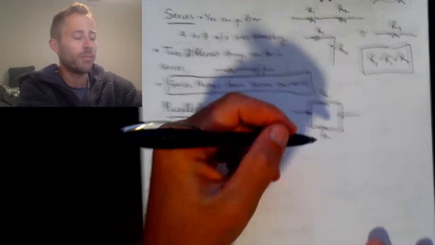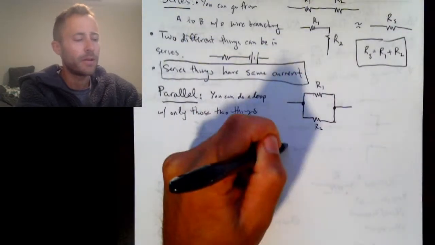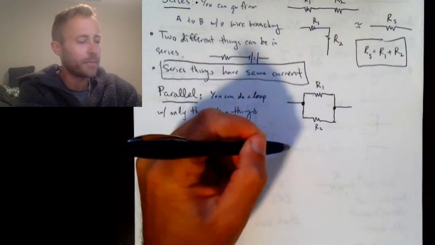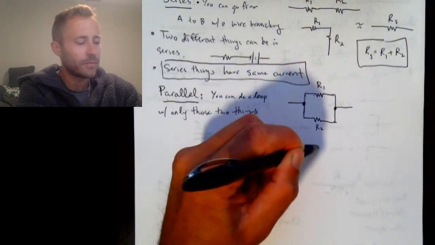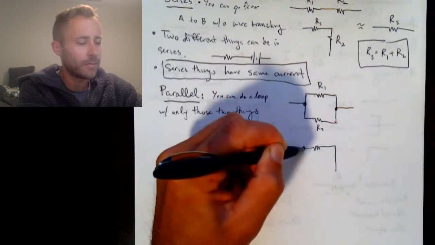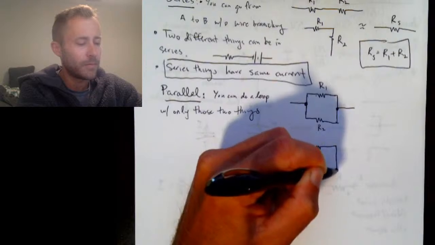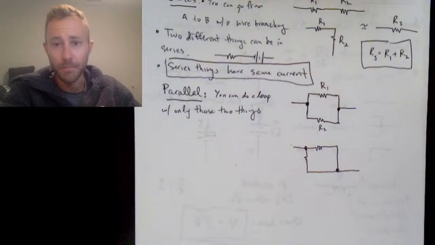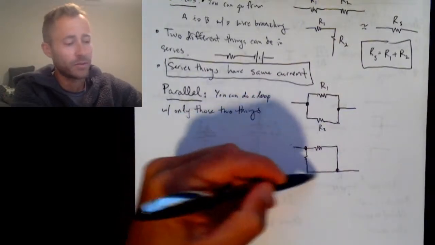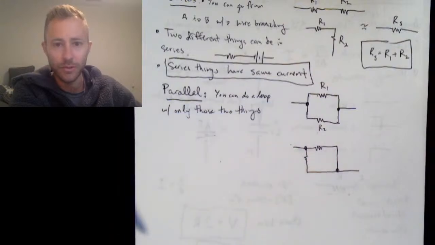So for example, if I had something that looks like this, these two resistors are in parallel. Why? Because if I walk around this box here, it only has those two resistors in it.